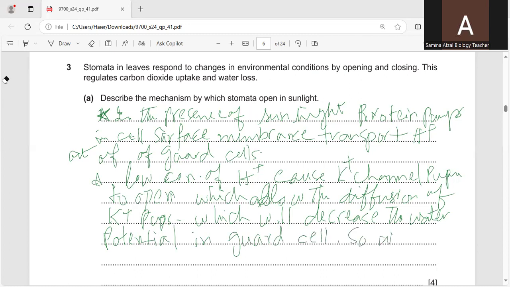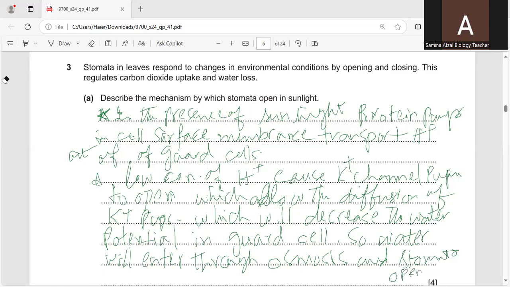So water will enter through osmosis and stomata open. So that is all about question number 3, part A.